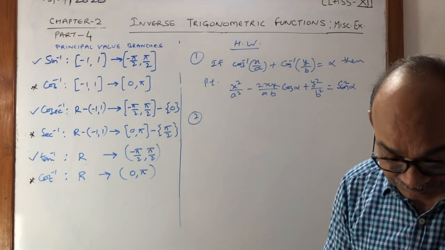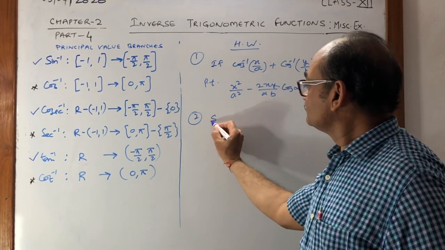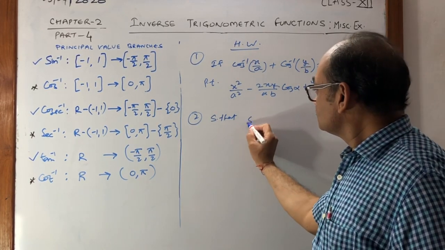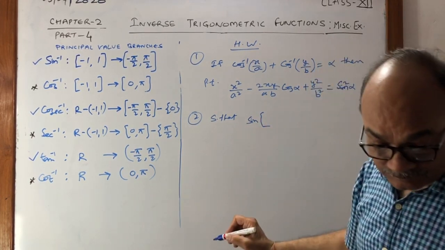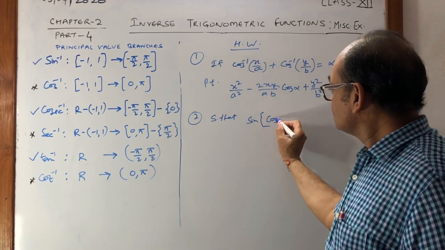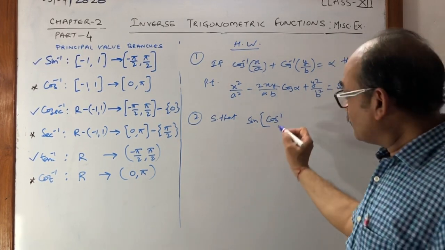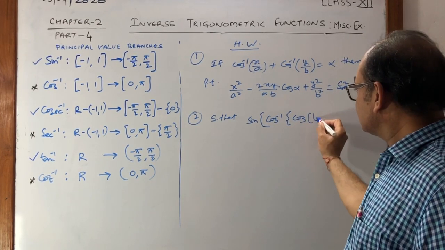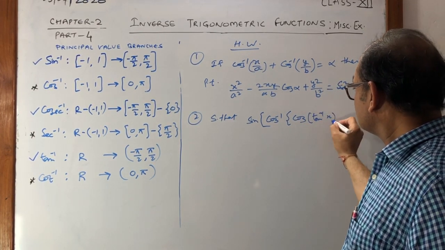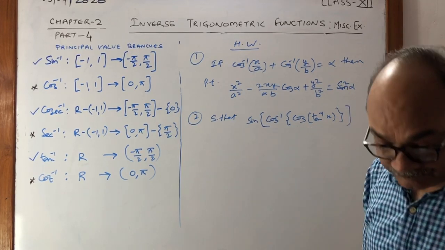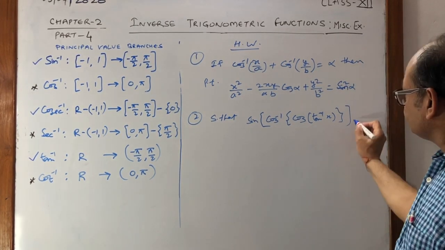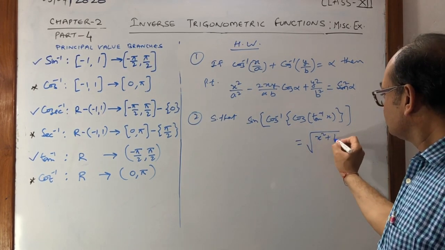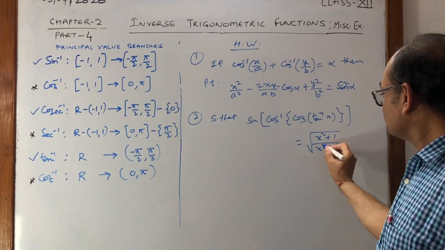Second sum, show that sin cos inverse cos tan inverse x equals root of x square plus 1 upon x square plus 2.